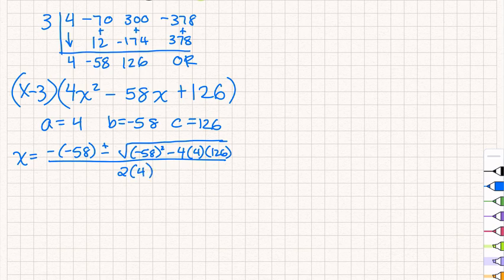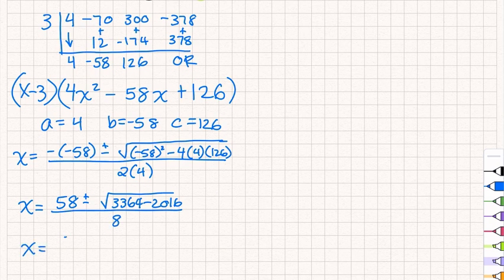When we simplify this, we get x equals 58 plus or minus the square root of 3,364 minus 2016 over 8, which is the square root of 1,348.